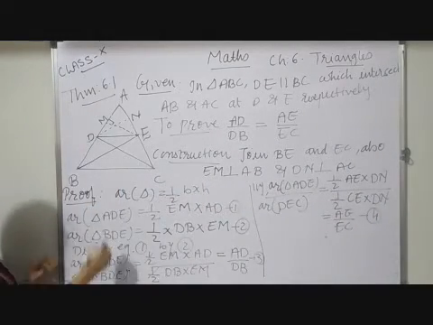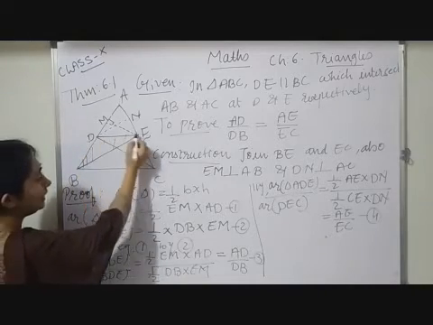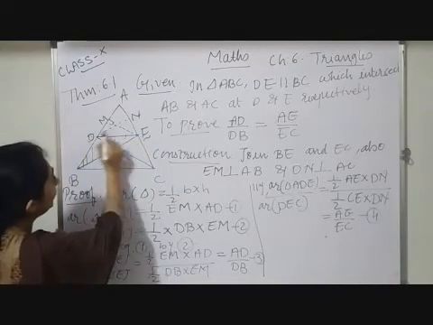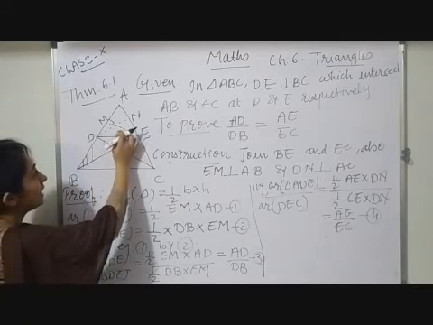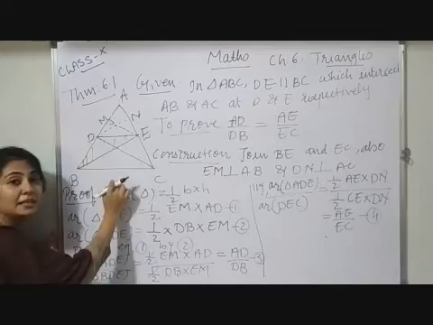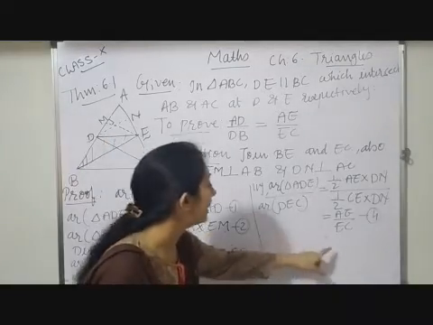Now observe triangle BDE and triangle DEC lying on the same base DE between the same parallels DE and BC. So both of their areas will be equal. So after this, what will you write?